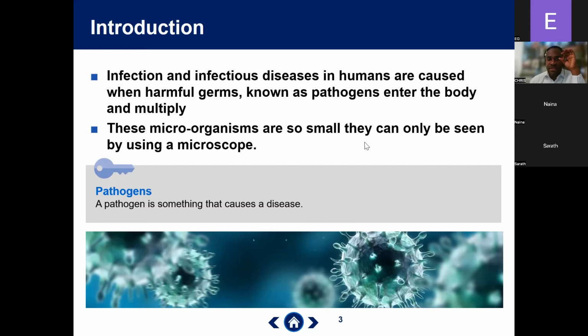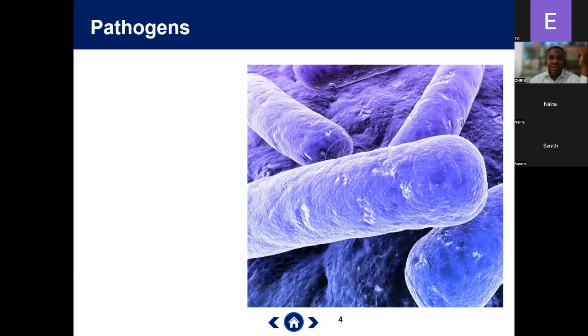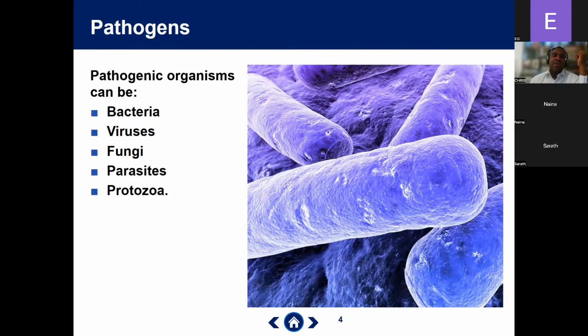So what are pathogens? A pathogen is something that causes a disease. You see? So a pathogen is something that causes a disease. A disease is caused by pathogens. So let's look at this.